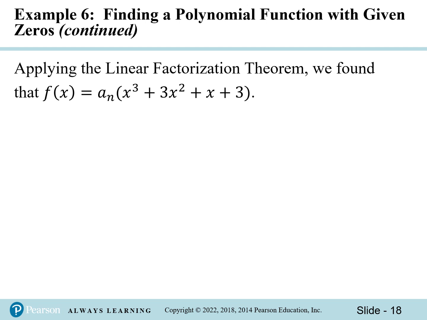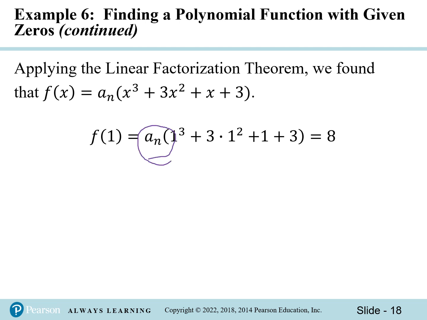Now we can substitute in that f of 1 equals 8. So it's going to be 8 if x is 1. And if I put in 1 for x and set it equal to 8, I'm going to be able to find a sub n, because this is the only thing I don't have.